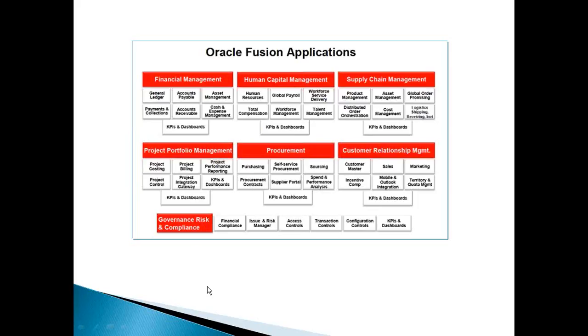You can write those as policies and conditions, and for that you may use GRC. It's a separate learning that you can use for financials, or for any other application. Financial compliance, issue and risk management, and access controls are all part of GRC.